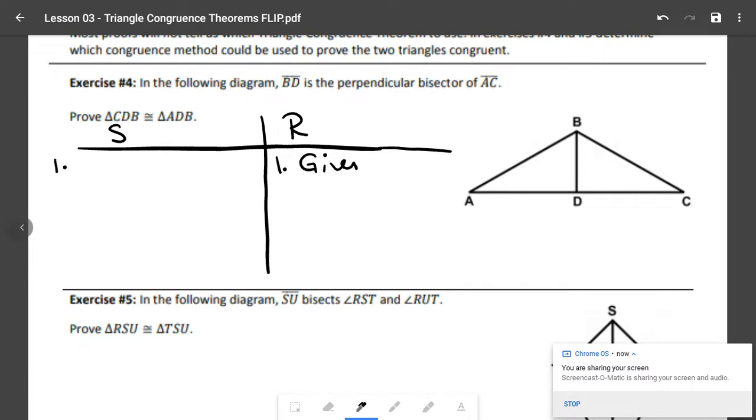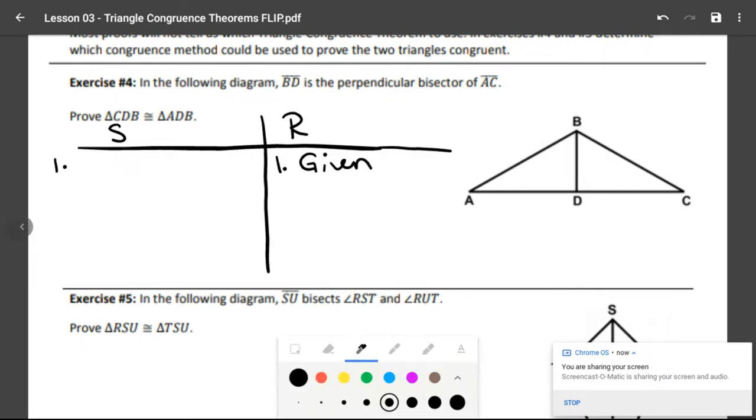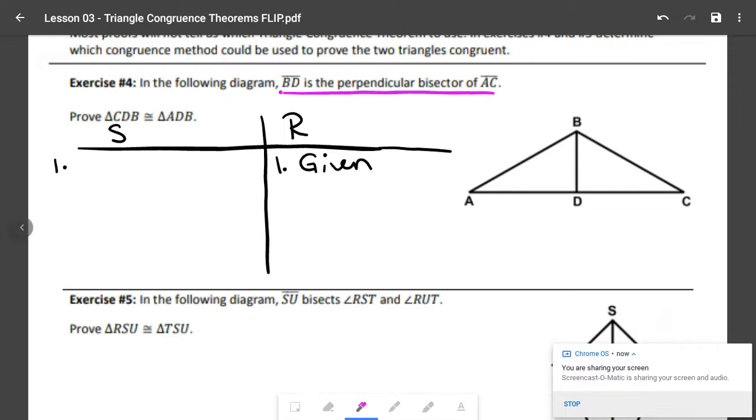But let's just look at the information we have here. We know that BD is the perpendicular bisector. That information's huge. Perpendicular forms right angles, and it also bisects. With that being said, I also can probably find the reflexive property.